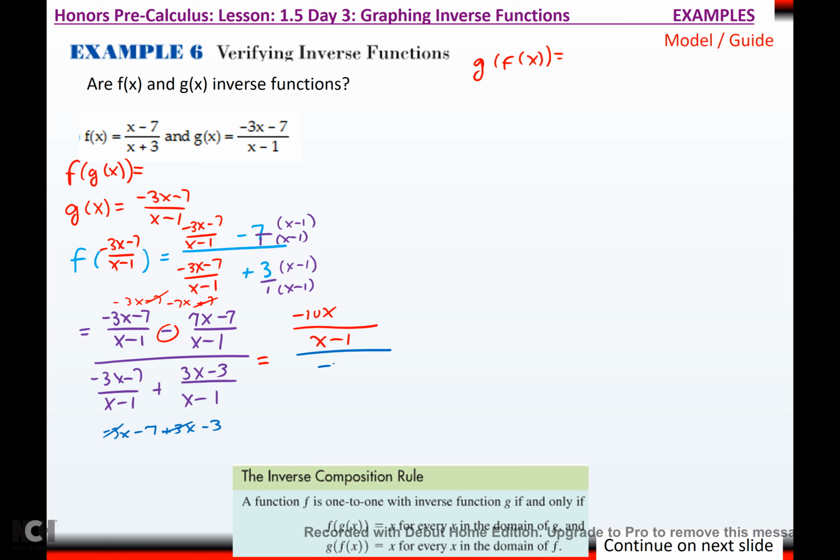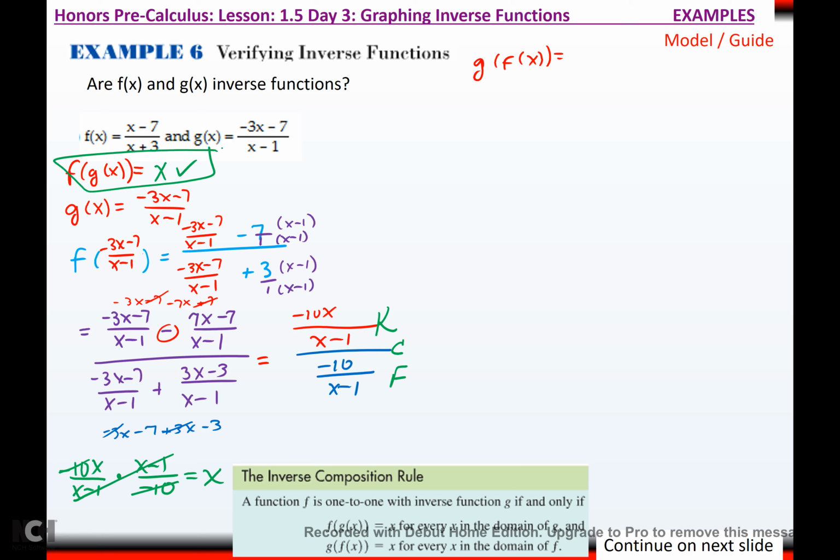The 3x's cancel and I get negative 10 over x minus 1. And now I can finally keep, change, flip. That gives me negative 10x over x minus 1 times x minus 1 over negative 10. Those cancel. The negative 10's cancel. And I end up with the identity.